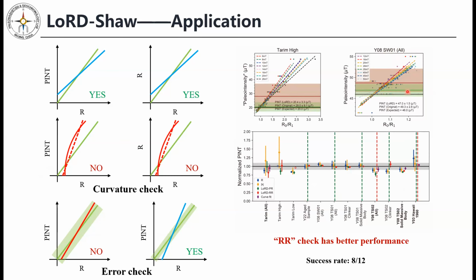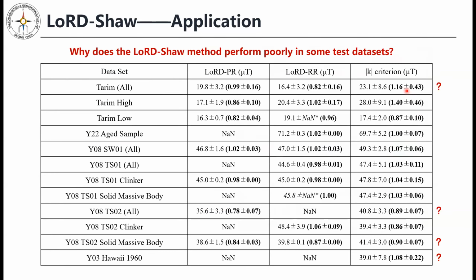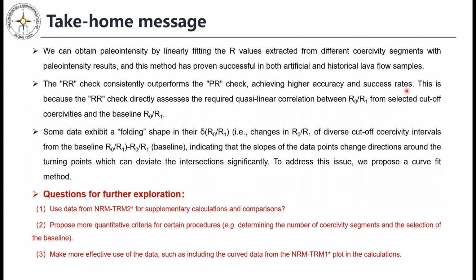But you are right, and I also mentioned in the last part that this is our selection of the baseline. In the current paper, we just use the maximum fraction of the characteristic component. For samples that have a very serious overprint, the fraction of the characteristic component may be quite small.